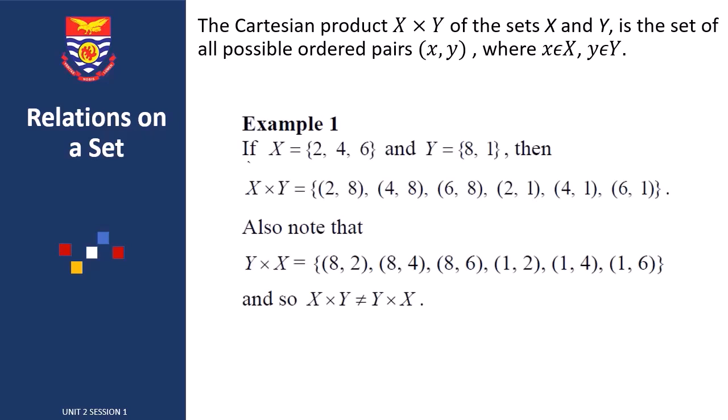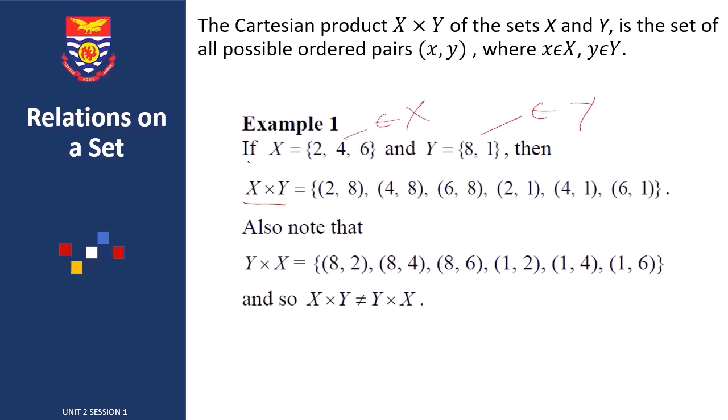Let's look at the example. Example 1. If X equals {2, 4, 6} and Y equals {8, 1}, then we want to find X cross Y. Remember, all these are the members of big X and all these are members of big Y, and their ordered pairs are not always equal.